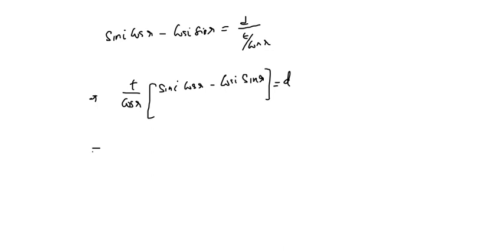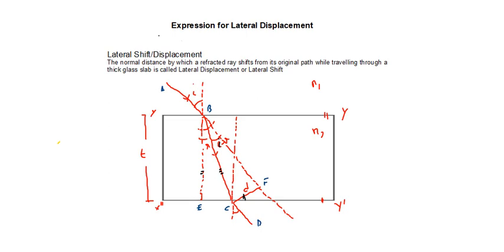So now we will remove cos R from here. So d can be written as T times sin I minus cos I sin R by cos R. Fine. Now you see, again look at the refraction. R is again inside. So let us try to bring the whole relation in terms of angle of incidence and refractive index.